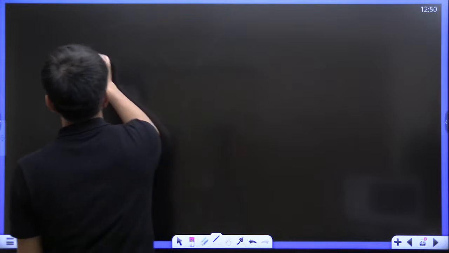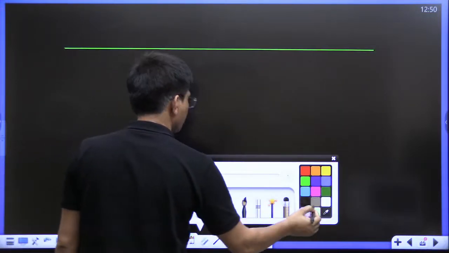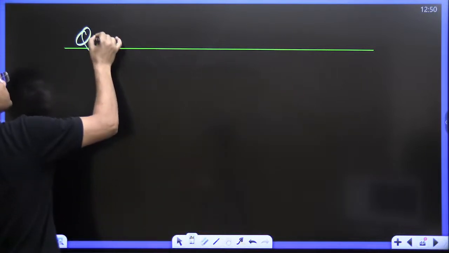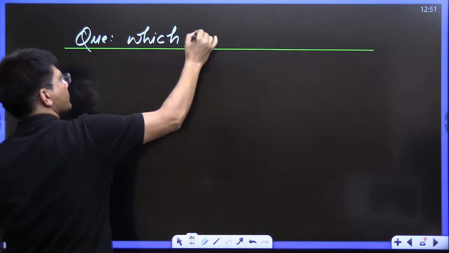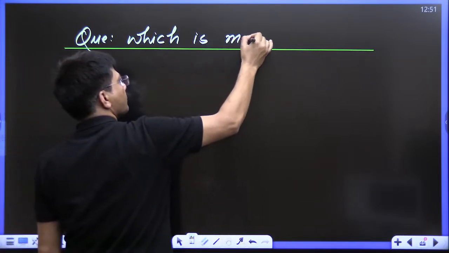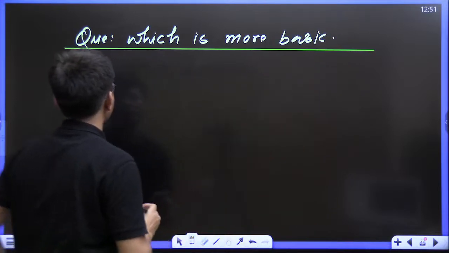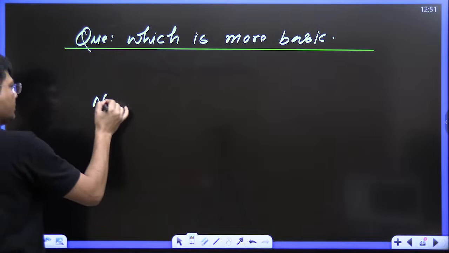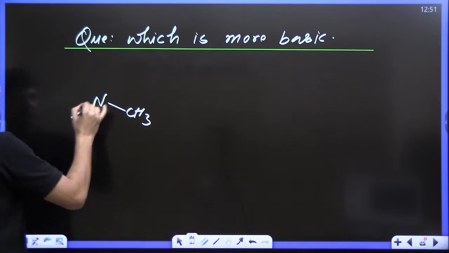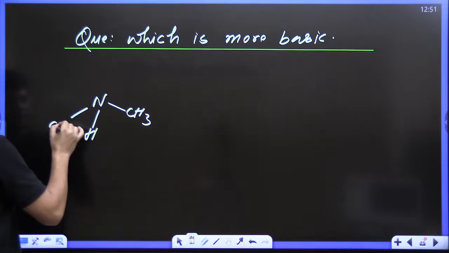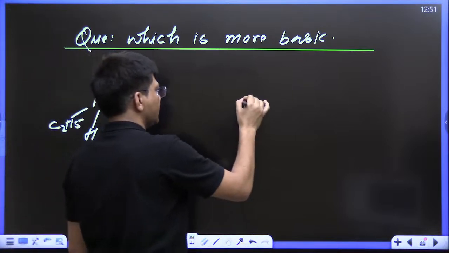One more question, the last one. If the question is like this, which is more basic? One compound is nitrogen with CH3, hydrogen, ethyl, C2H5.